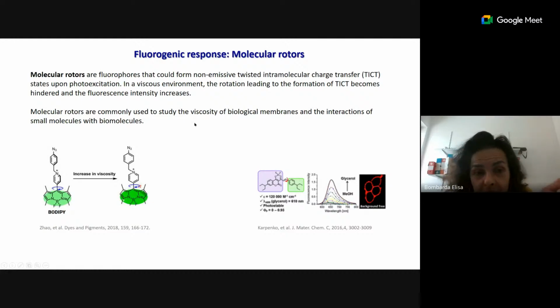And so that is what I wanted to say. So according to the process that can affect fluorescence, you know what your probe is useful for.